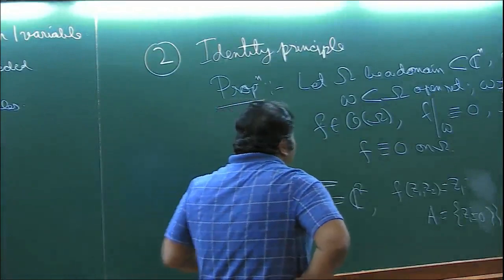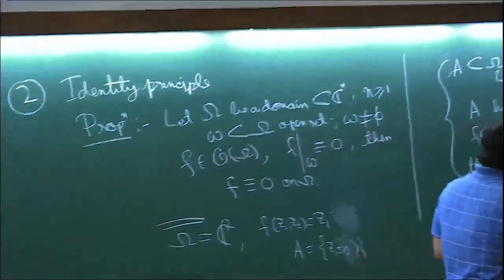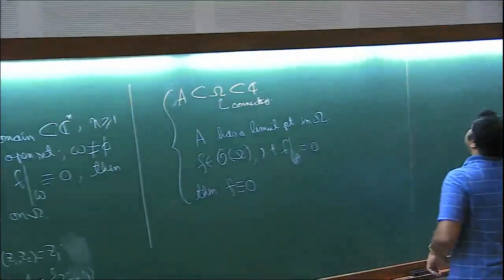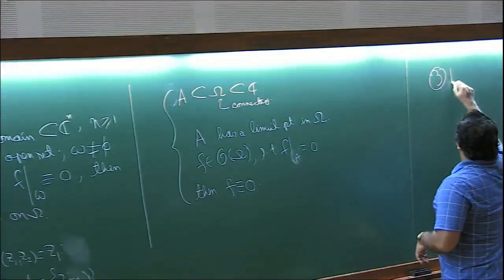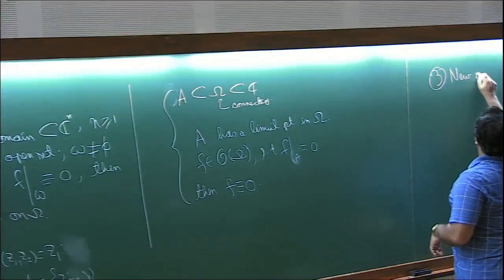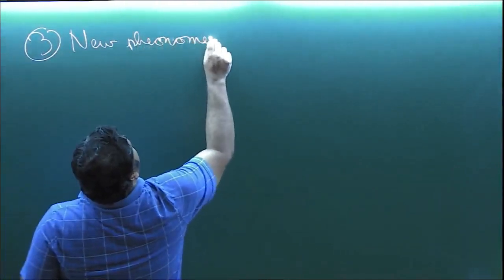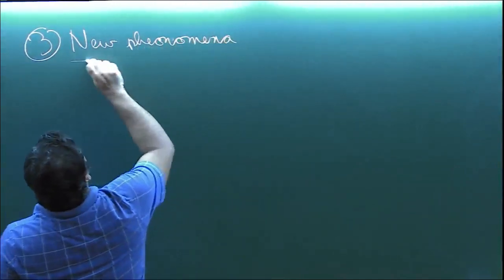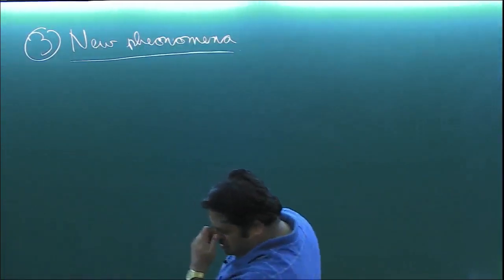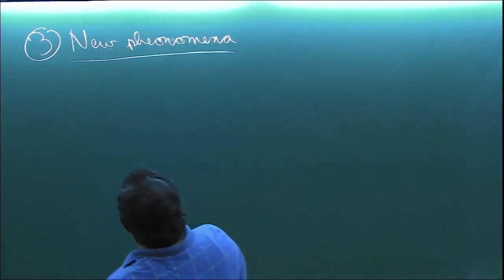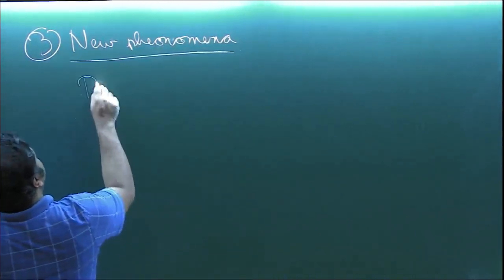Now we come to number 3, which is the interesting case. New phenomena. Let's look at a result which has absolutely no analog in one variable. Let us look at the following proposition.